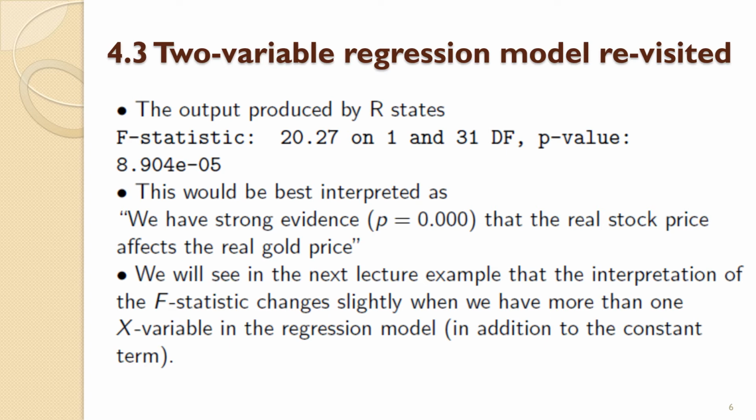If there's only one x variable, you get a repetition of the individual t-test, but if you've got more than one, you get something different and richer. We'll talk more about that in the example later in the lecture, and go over this more fully in next week's lecture.